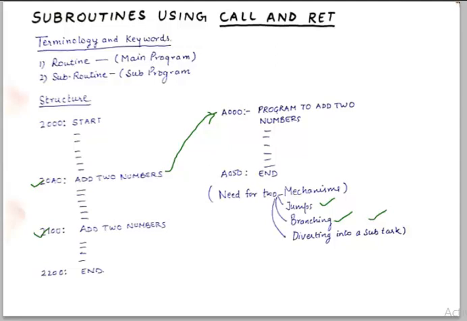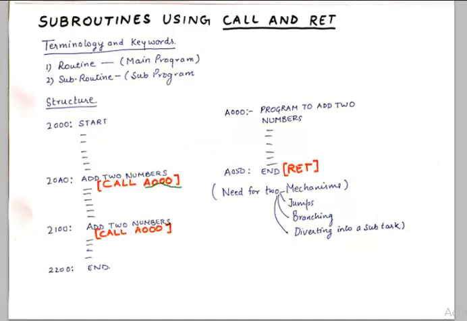Now let's talk a little bit about call and return instruction. So whenever we need to take ourselves to this subprogram, we simply need to know the location of that program, and we can write this very simple command, which is call followed by the memory address where the subprogram is located.